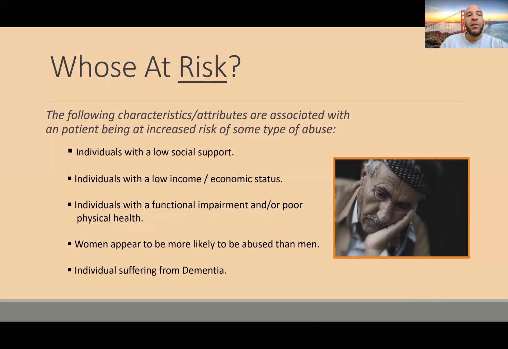So this would be the individual whose family has moved away, or the individual who doesn't have the best relationship or has no relationship with their family and doesn't seem to have someone that they can call and lean on and talk to. We all know that when you have good social support, you can overcome a lot of things.